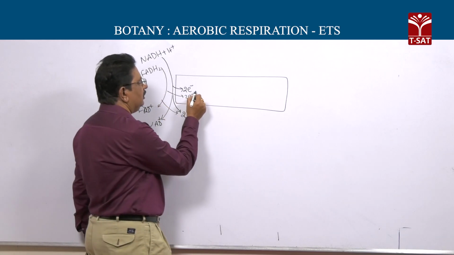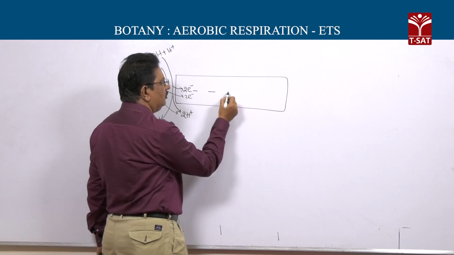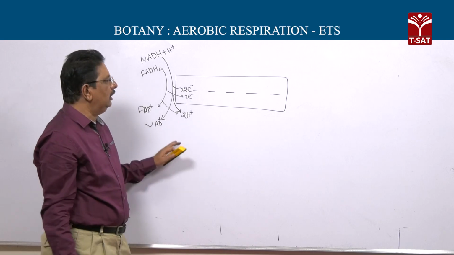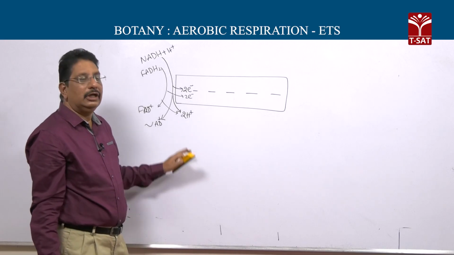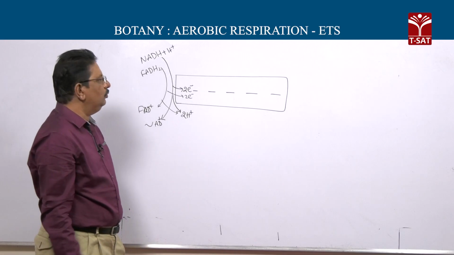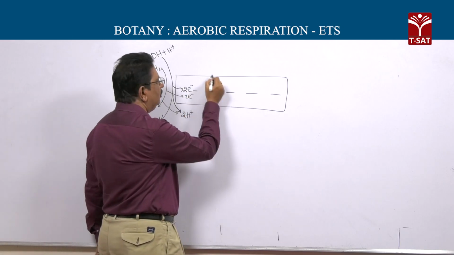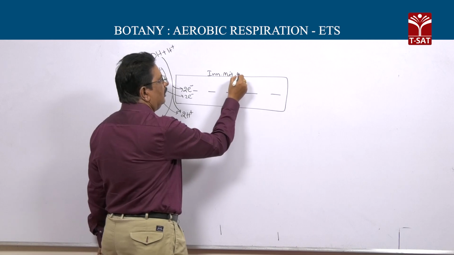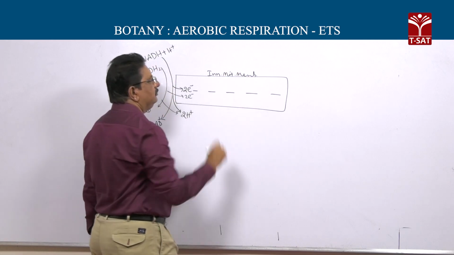And these electrons are going to be transferred through a complex of electron carriers, which are usually found in the inner mitochondrial membrane.